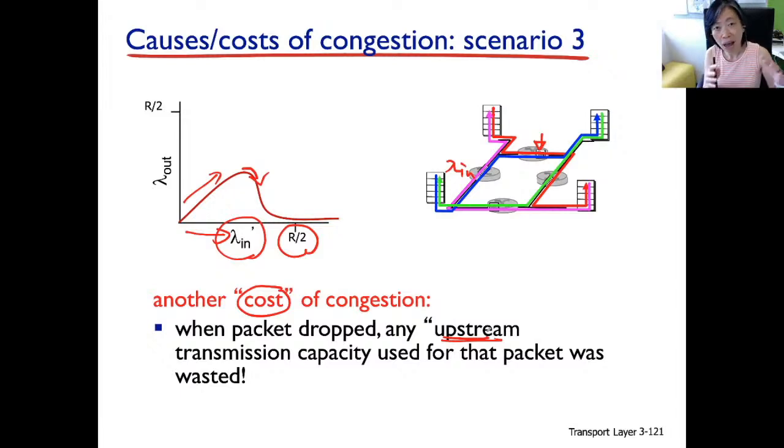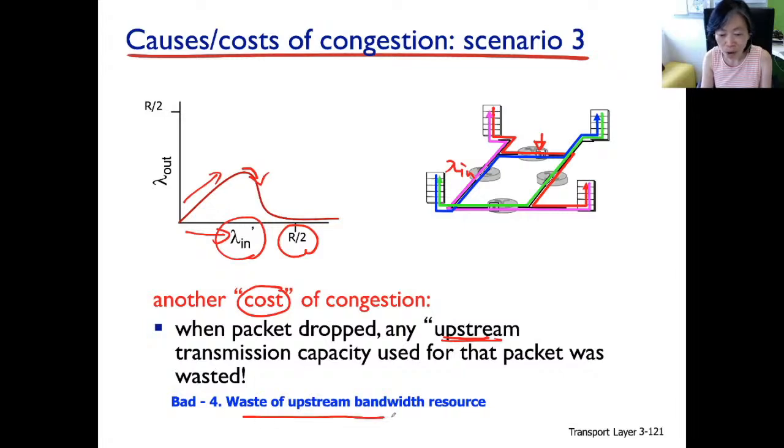But here, the upstream bandwidth, those are all wasted. So the amount of resources we are wasting here could be very high. So the hidden cost here is the waste of all this upstream bandwidth resource, and this is a big cost.